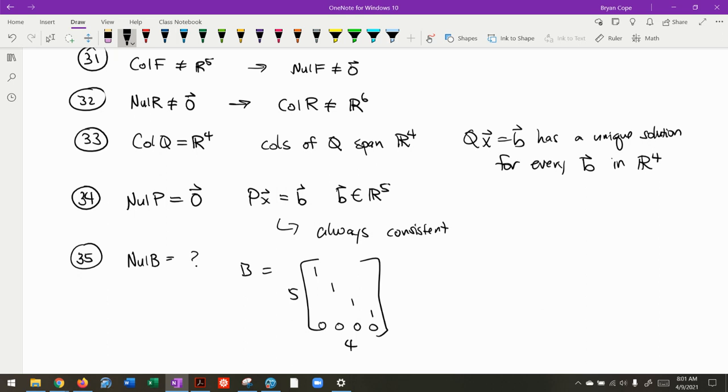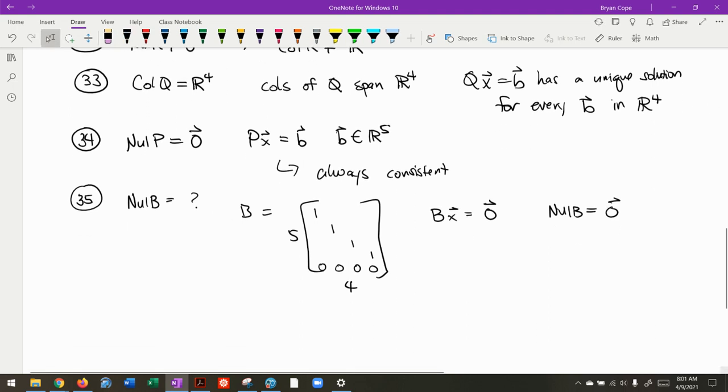So let's think about solutions to Bx equals 0. We can't have any free variables, right? So I'm thinking our answer is that null B is equal to the 0 vector, because the only solution to Bx equals 0 is going to be the 0 vector. Yep, that is right. Let me just confirm that real quick with my solutions. Yes, that's right. Cool.